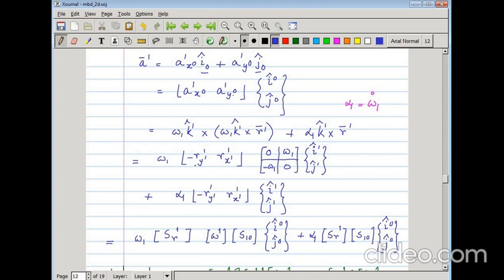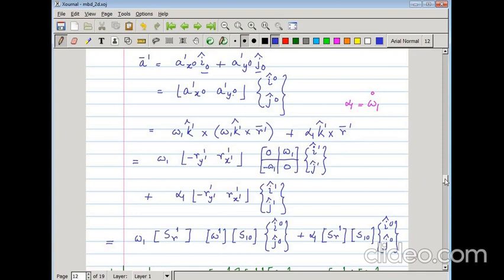Here there are two cross products, that's why for one cross product we are using the previous way, and for the other cross product we are expressing the cross product using omega vector. But here again we are using the previous way, so alpha 1 k cross R, so this is this.